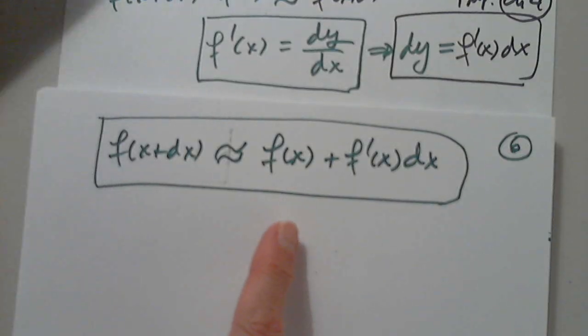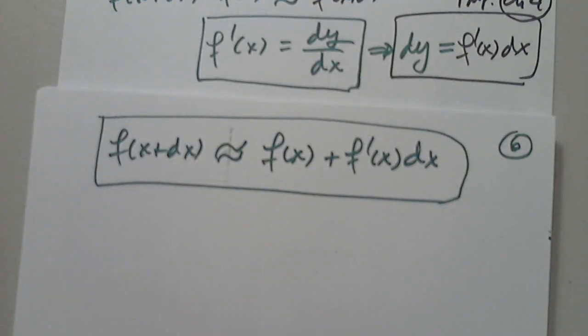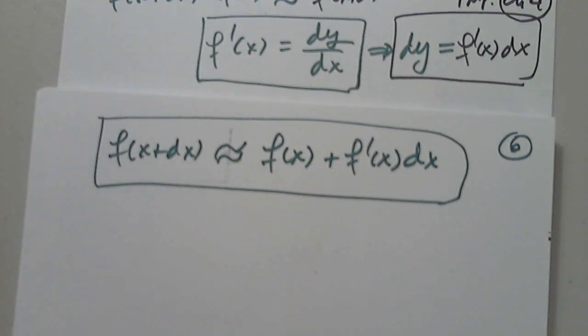Okay, but what do we do with this? So first, let's choose a few examples to play with this new concept, and then we'll look at word problems. Okay, so first I would like us to choose from 1 through 12. So let's read the question. Find delta y. Part B, find dy.